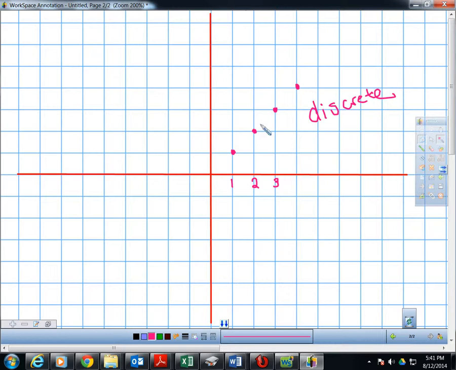Okay, a continuous graph is when you have, let me put that in a different color so we don't get confused with our axes. Continuous graph is when you have that straight line. Now I can have data points on that line, but they're connected. Okay?